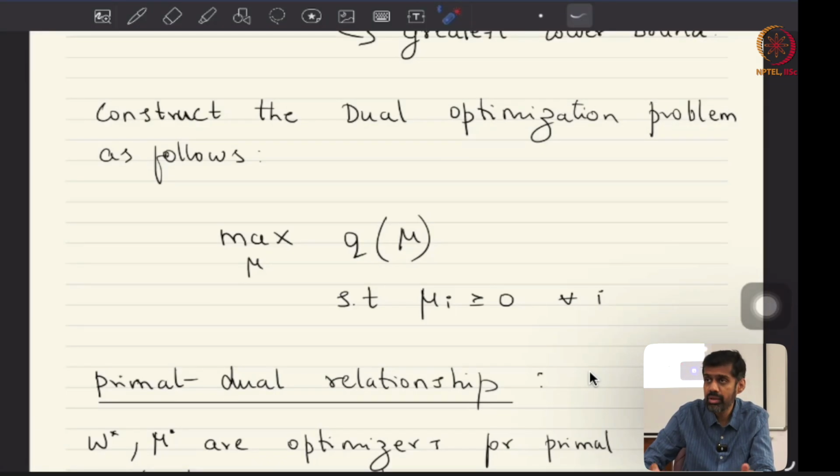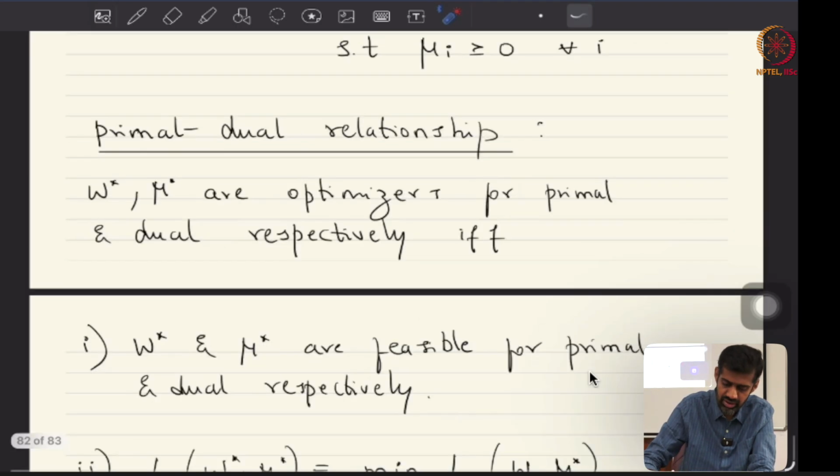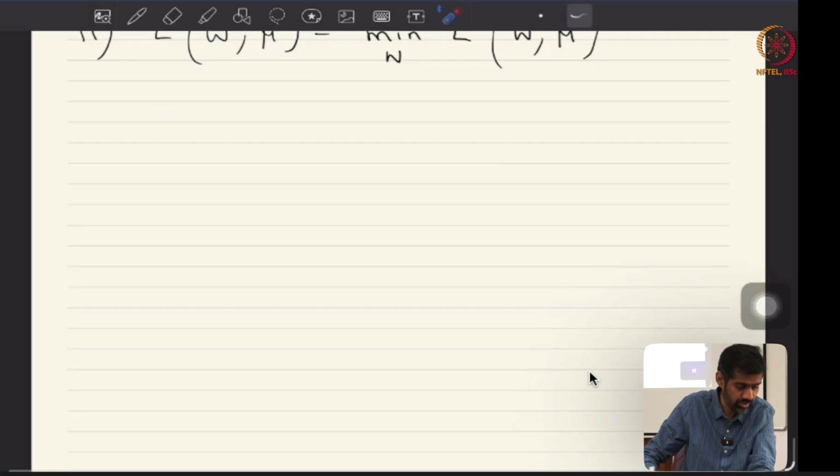So now the variable of optimization becomes the Lagrange multiplier itself. Please note that to even construct the dual function, an optimization problem has to be solved first, correct. So now let us continue there. We will just construct the dual optimization problem and then try to solve it.